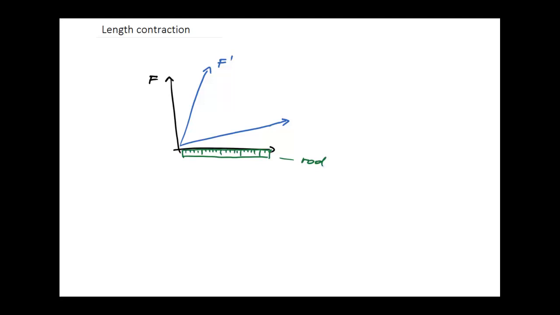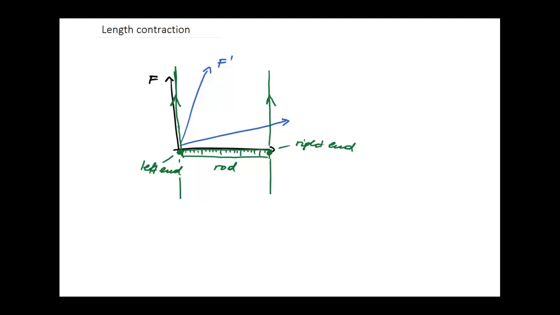And now this time I would like to consider this rod to be at rest in the frame F. So the world line of this rod is going up vertically. And I would like to distinguish the left end of the rod and the right end. The left end has this world line going up vertically. It's at rest in frame F.